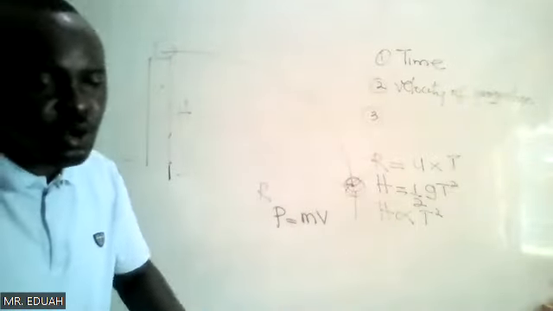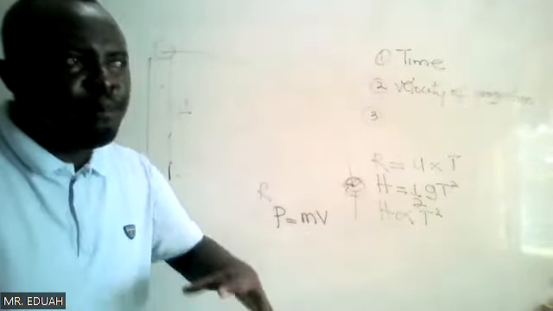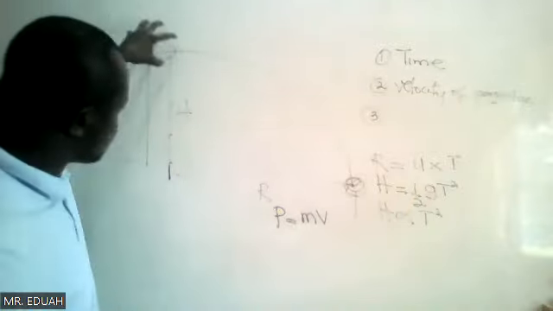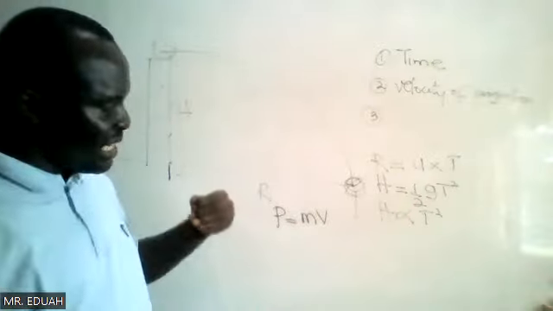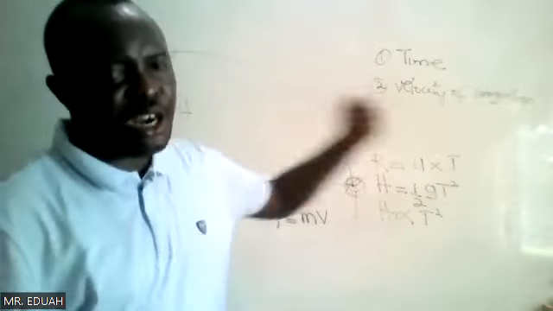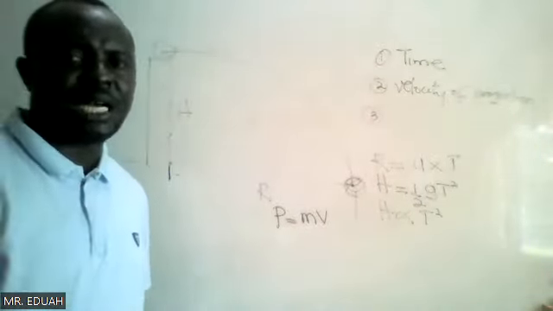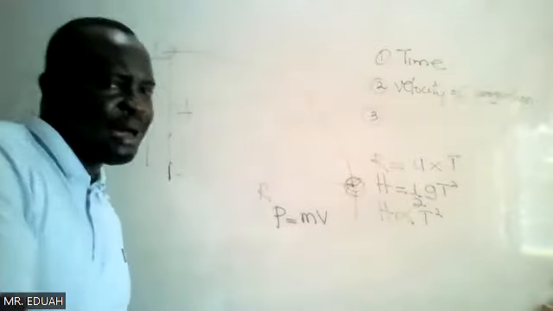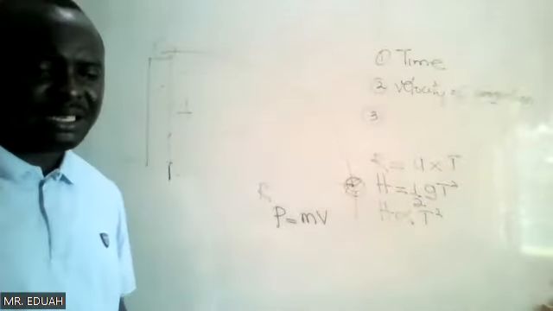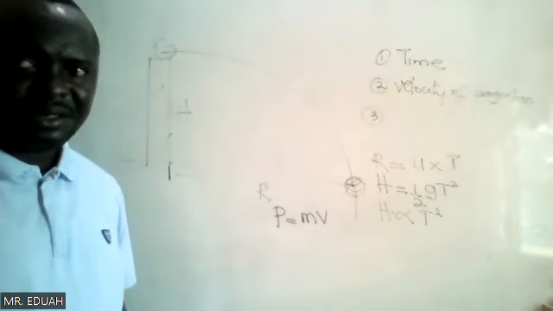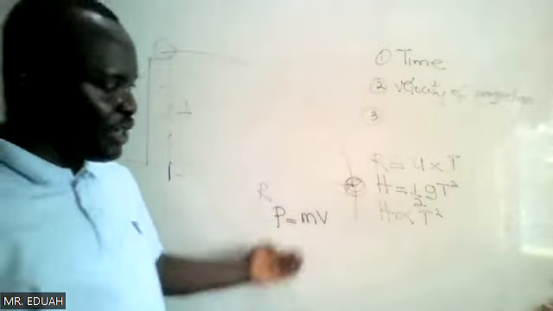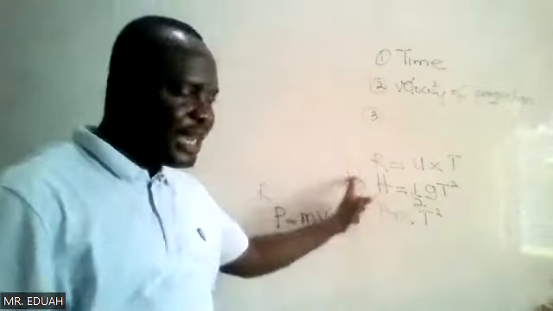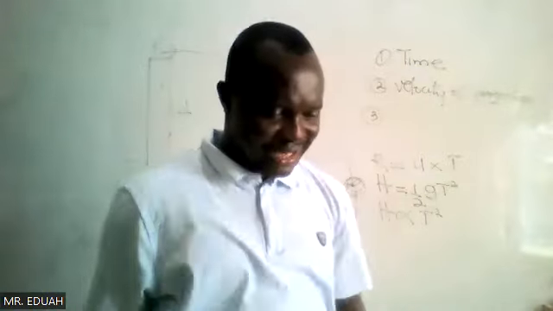And then I give you a bigger ball or a stone to also throw from the same height. Which of these two would give you a larger range? Will it be the smaller mass or the bigger mass? You haven't answered at all. The smaller mass will give you a larger range, so the range also depends on the mass.